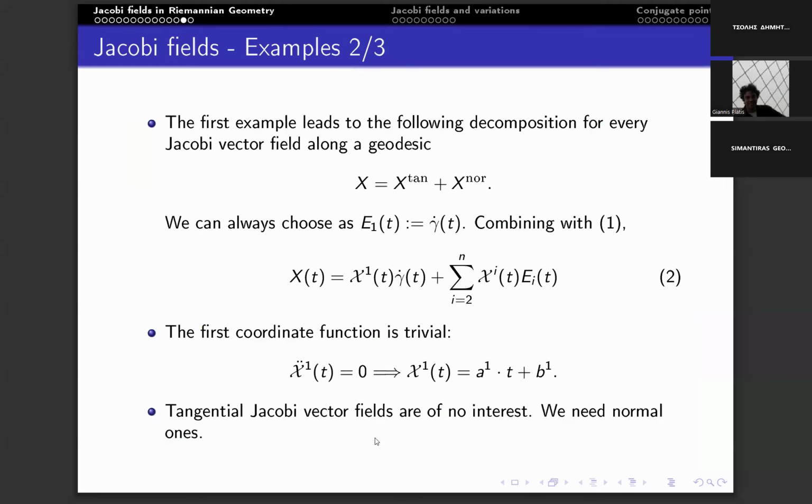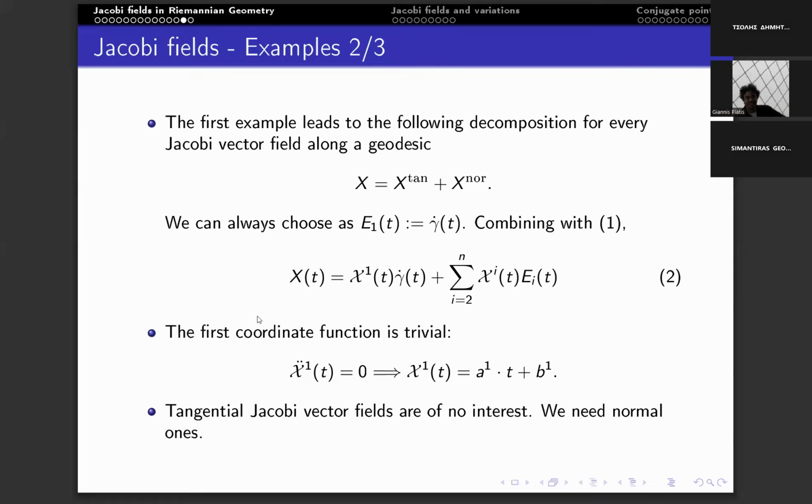Also, here we have a decomposition for every Jacobi vector field along a geodesic. That Jacobi field decomposes into two components, the tangential and the normal one. Because we can choose as E1 the velocity field, the tangential decomposition is of this form here, and the normal component is of this form.